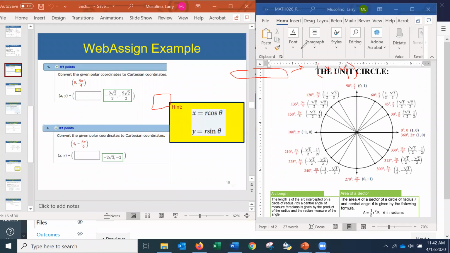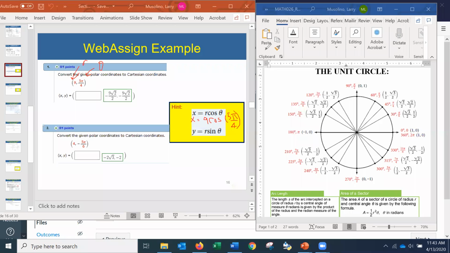So let's take a look here. It says, convert this R comma theta value into X comma Y. All right, well, here are the formulas. X is R cosine theta. So let me just plug into this formula. The R number we have is 9. And then I want to work out cosine of 5 pi over 4. I could convert 5 pi over 4 into degrees if I wanted to, but turns out the unit circle has radians for the angles, so I could just go to 5 pi over 4.